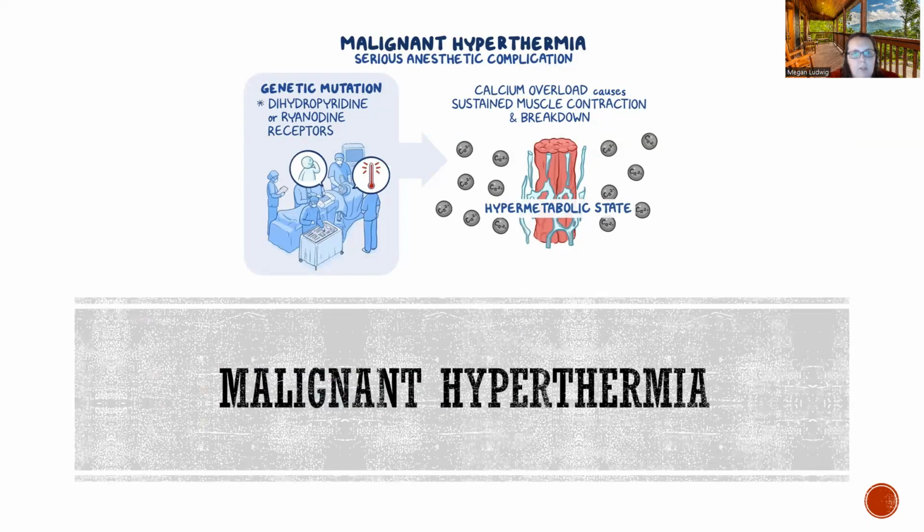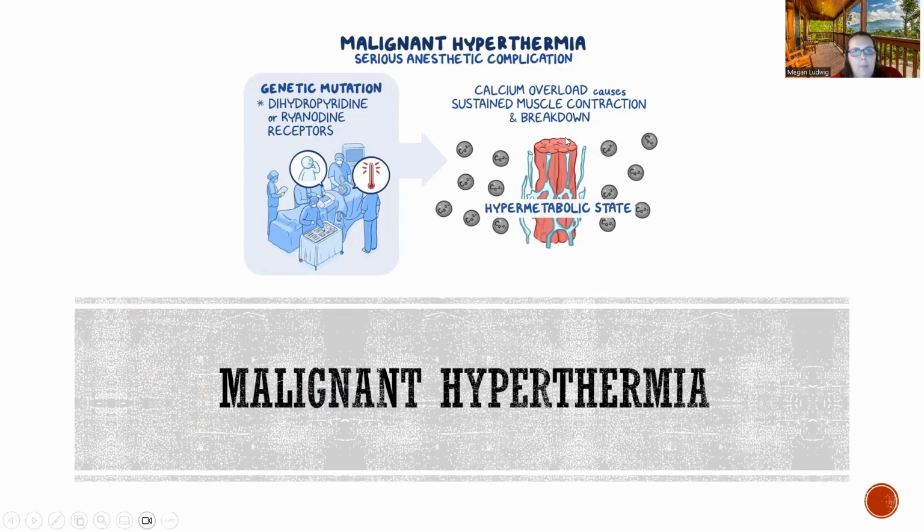This is a very serious complication related to general anesthetics. It's actually because of a genetic predisposition or a genetic mutation that causes your body to react to certain types of anesthetic drugs.